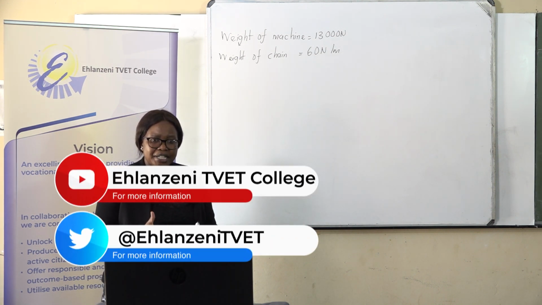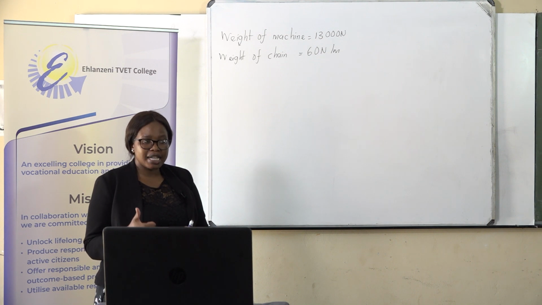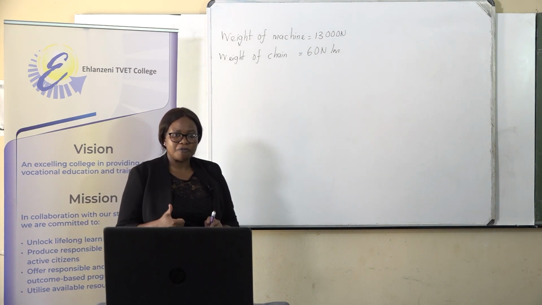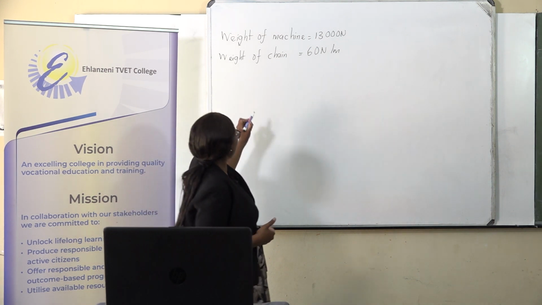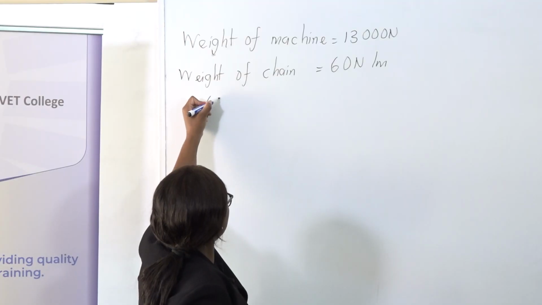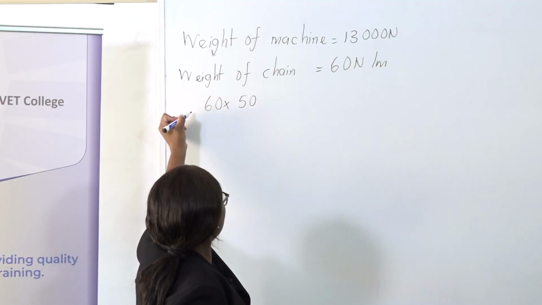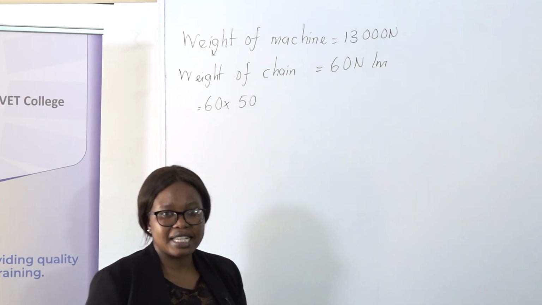But this chain has lifted this machine for how long? For 50 meters. So we need to take into consideration that if it lifts this machine for 50 meters, what is the weight of this chain? So we are going to say 60 times 50, so that we'll be able to get the weight of the chain for the distance that it has covered.